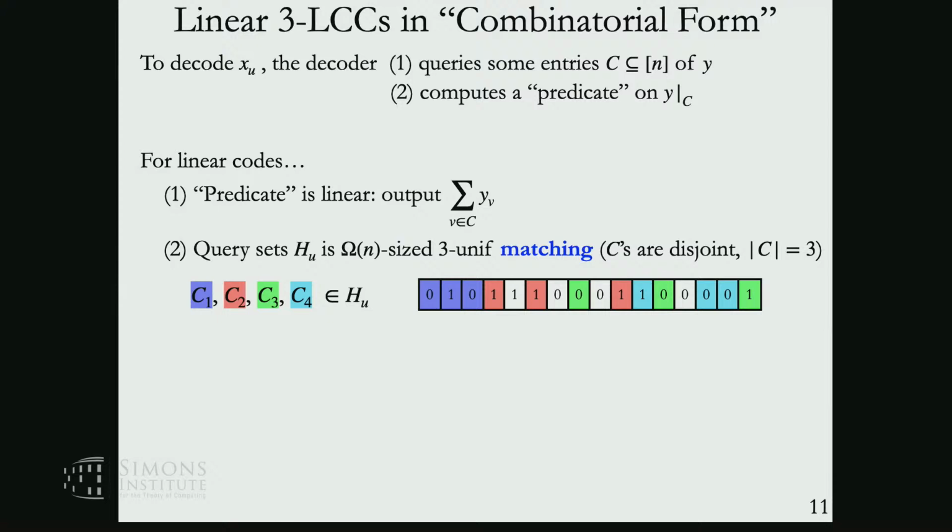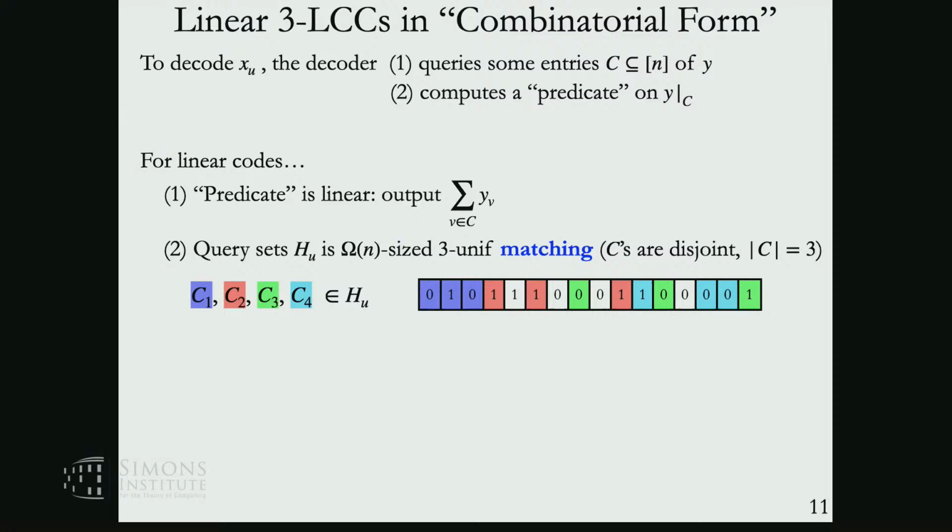If I put this as a picture, here's my code word, and these are the possible query sets in a particular hypergraph h sub u. I have one hypergraph h sub u per bit in the encoding. The decoder essentially just picks a uniformly random hyperedge here. Let's say it picks C1. Then it reads the 3 bits, which are here as 0, 1, 0, and then it outputs the parity, which is 1.